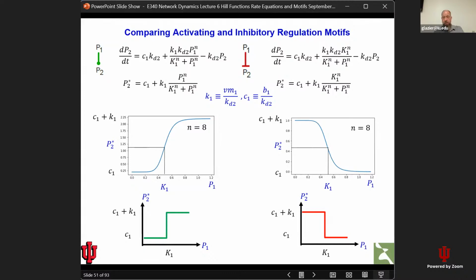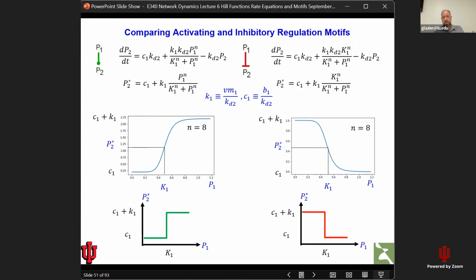The equilibrium value, the steady state value of P2, is that constant C1 plus K1 times P1 to the n over K1 to the n plus P1 to the n. So we get a sigmoid. Here I've used a Hill exponent of 8. The inhibitory one looks exactly the same, except it goes down instead of up.